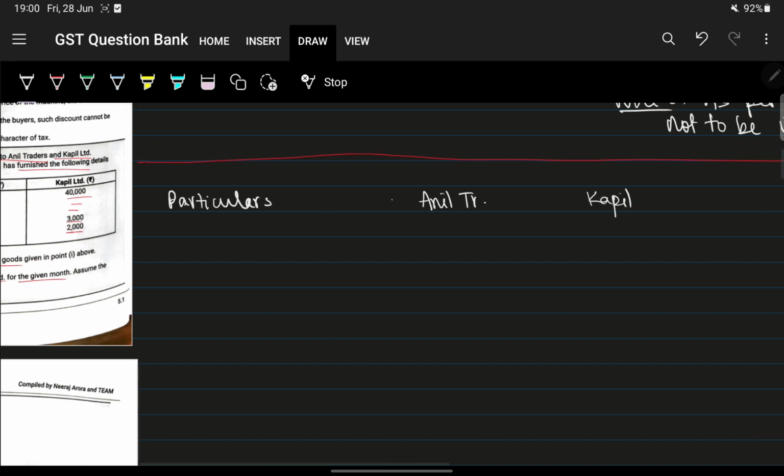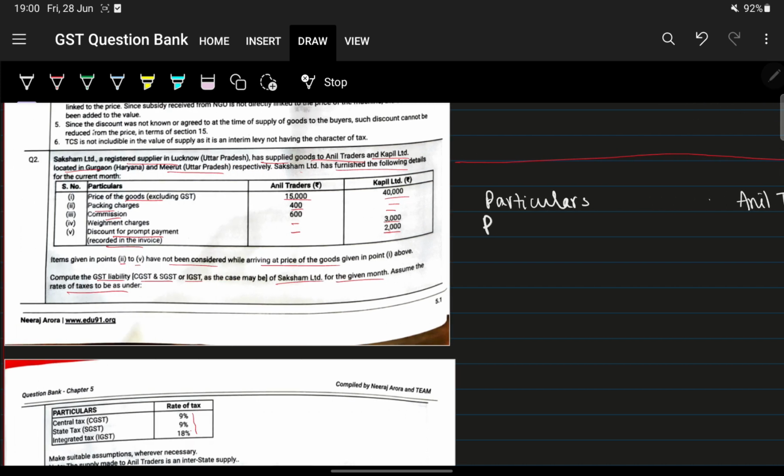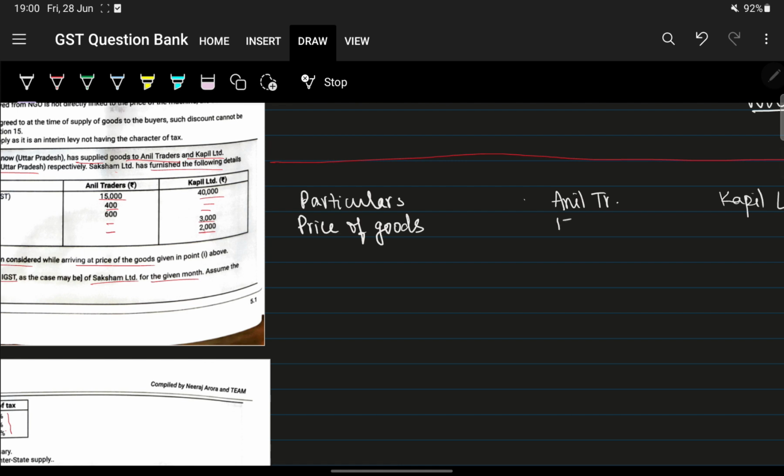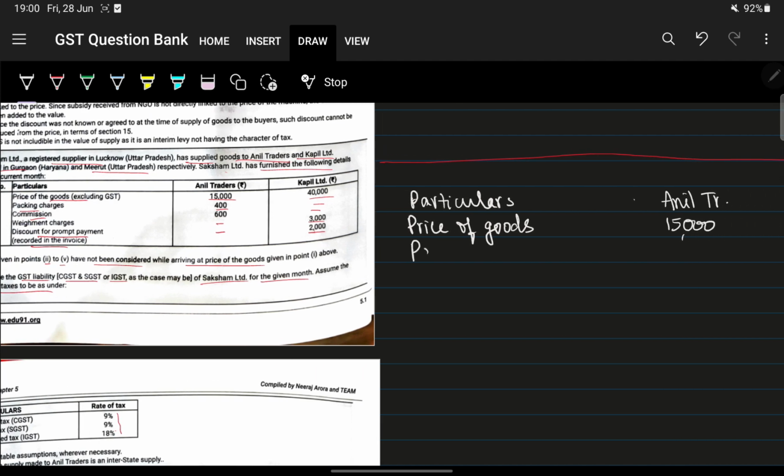Next, the price of goods: here it is 15,000 and 40,000. Next, packing charges are includable. Packing charges are incidental expenses, note number 1.